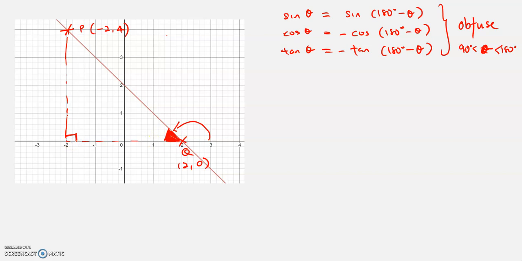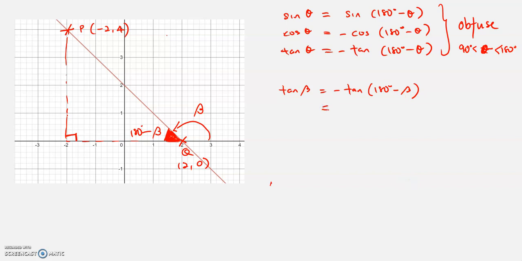Maybe I shouldn't call it theta this time round. Let me call it beta. Sorry, this is beta. This is 180 minus beta. To calculate tangent beta, it is the same as writing negative tangent of 180 degrees minus beta.